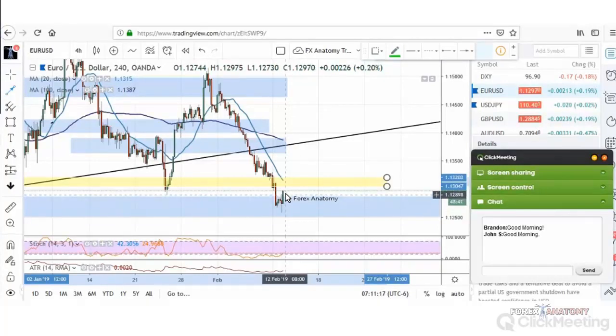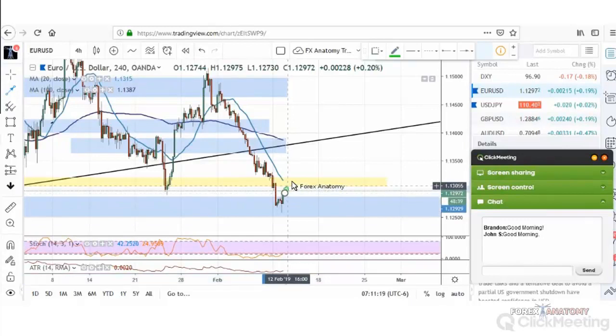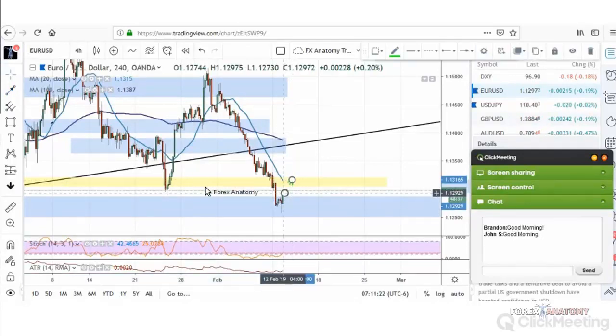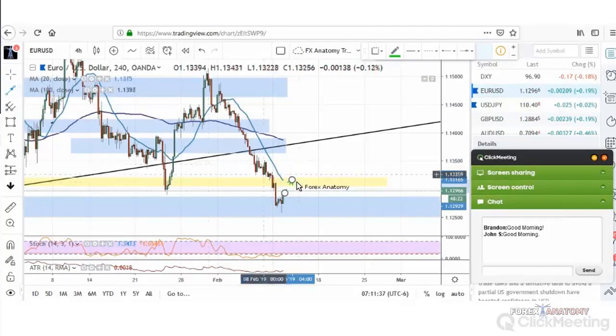But I want to see how price responds around this particular zone. It'll be testing the zone of structure resistance, 4-hour structure resistance, and where this 20 simple moving average is as well on the 4-hour chart. So then if price pushes into the zone, if we see signs of bearish confirmation, then we'll trade this lower.